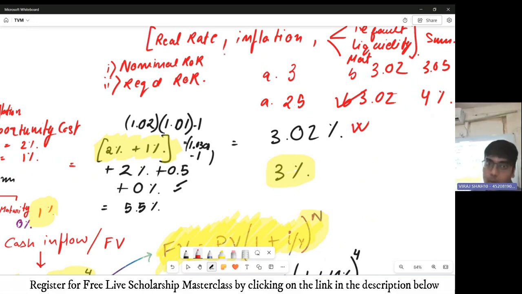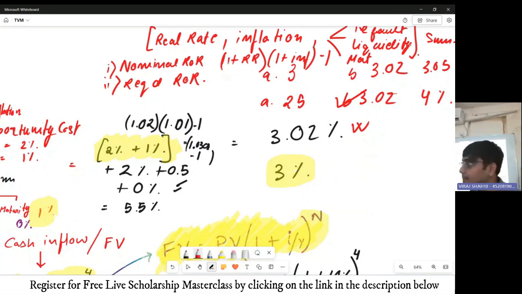Nominal rate of return is (1 plus real rate) into (1 plus inflation) minus 1. Okay, clear? This is the nominal rate, and the required rate is the sum of everything. This is the exact one, but to be quick in the exam you can just sum. Whatever answer the sum gives, say 3%, select the option slightly above it. You don't even need to use your calculator. This way you will finish quickly.